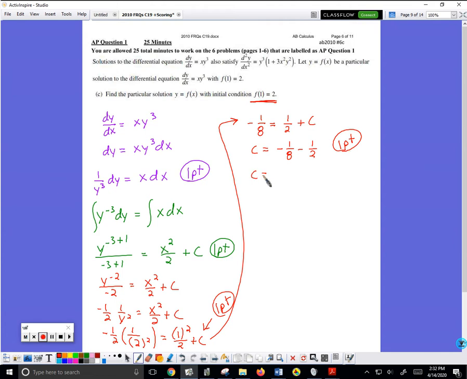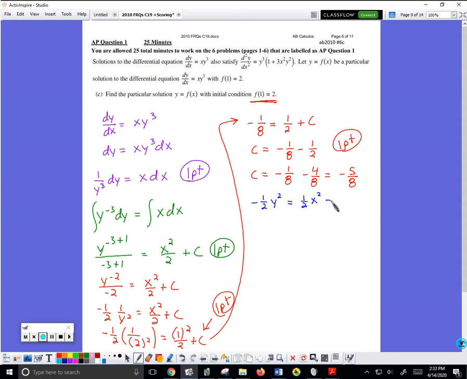We're going to change it just because it makes the next writing a little bit easier. So negative 1/8 and negative 4/8, that's negative 5/8. Now I have to go back to the equation, which was here. So I have negative 1/2 y squared equals 1/2 x squared.